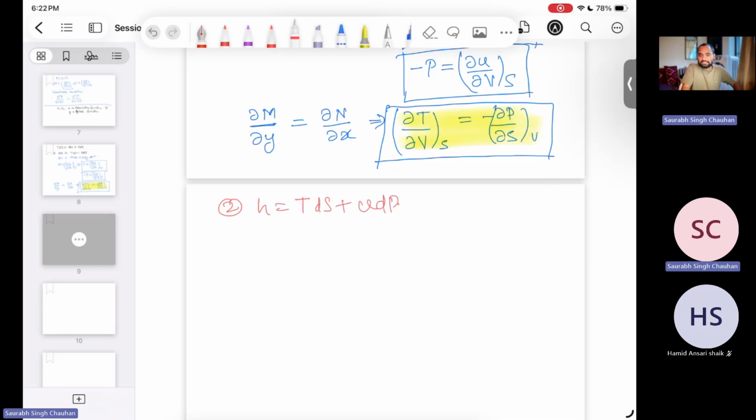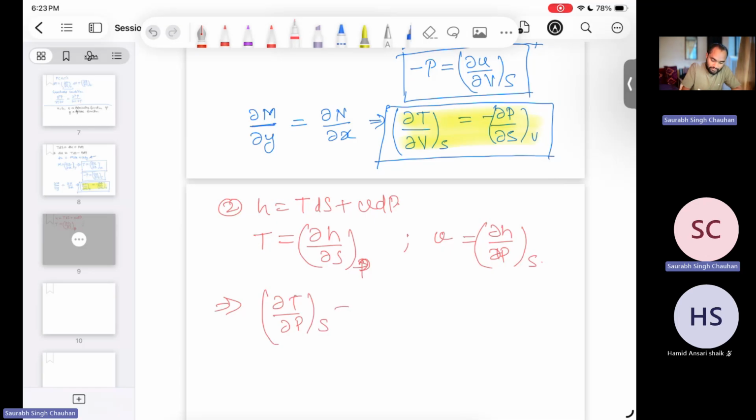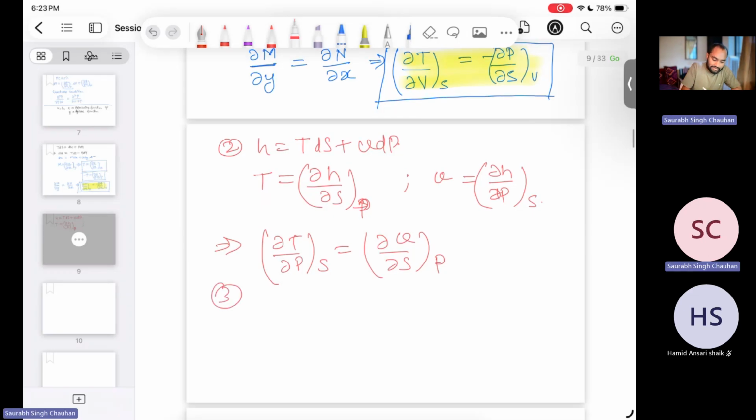If you apply the same condition, we will get T is equal to dH by dS at constant P. And comparing with m and n, V is equal to del H by del P at constant S. And if you use the exactness condition, then del T by del P at constant S should be equal to del V by del S at constant P. Okay, similarly for other equations.